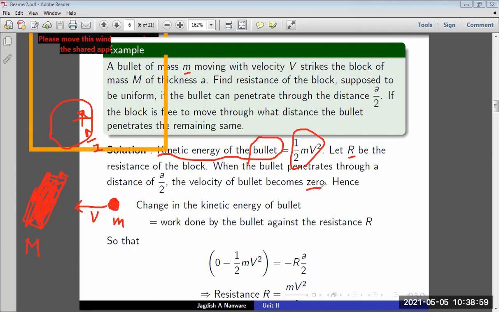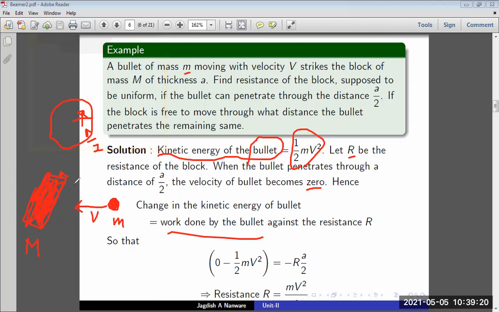And therefore, we can find the change in kinetic energy of the bullet. What is the change in kinetic energy of the bullet? That is nothing but work done by the bullet. So in other words, we are applying the force in this direction on the block against the resistance of this block. So that is nothing but work done by the bullet against the resistance R.